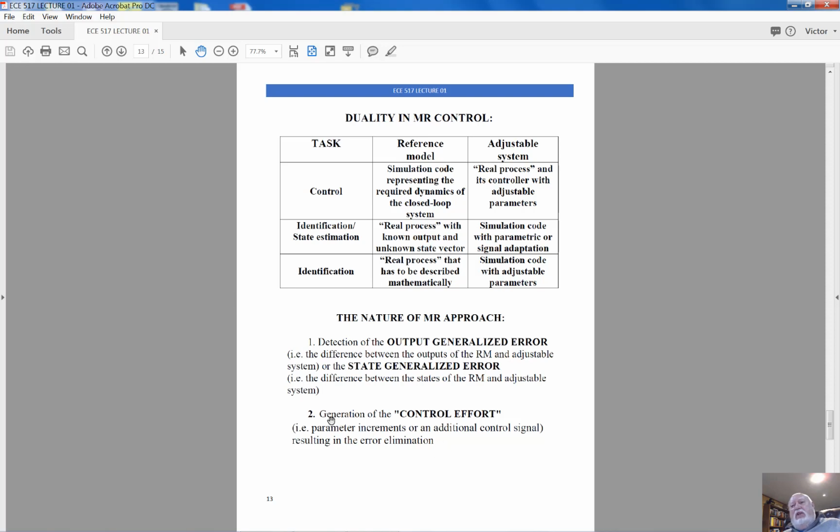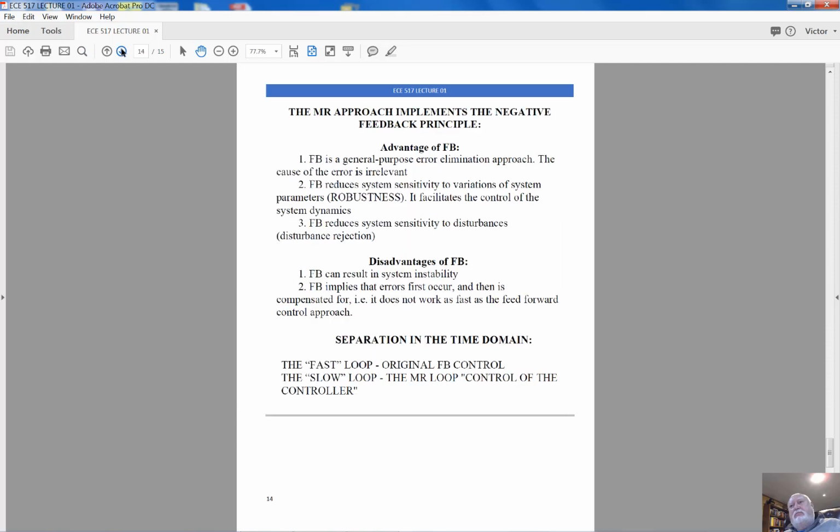And then we generate the so-called control effort. Control effort is the effort that is aimed at the elimination of this error. It could be parametric control effort, adjustment of parameters of the adjustable system, or it could be a special signal, in the case of signal adaptation.